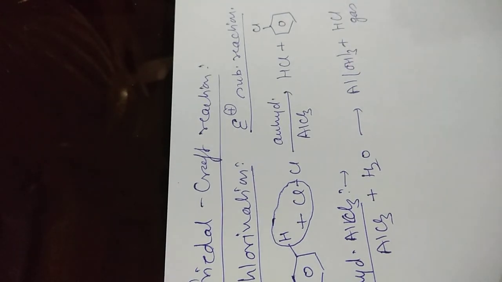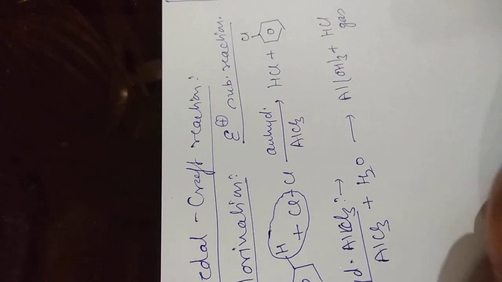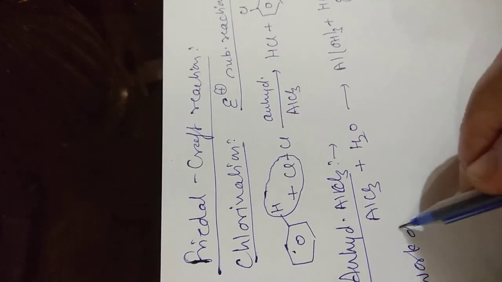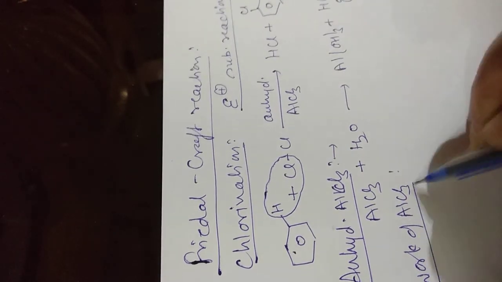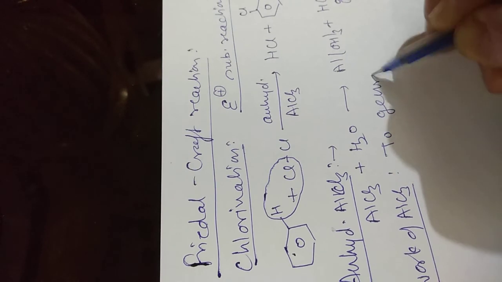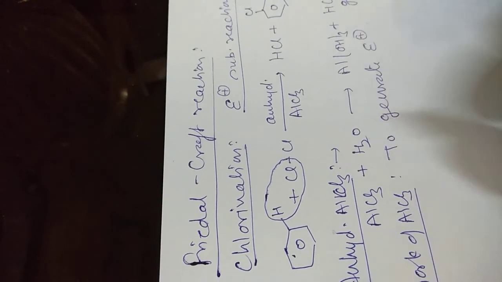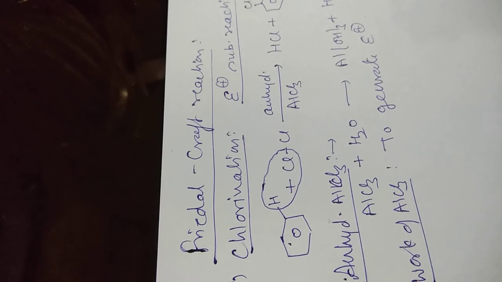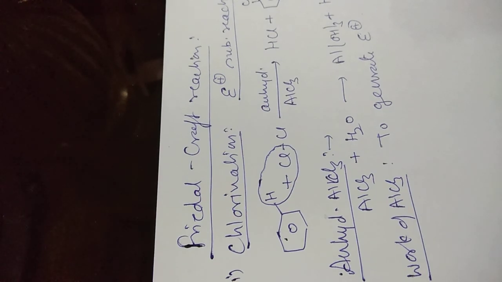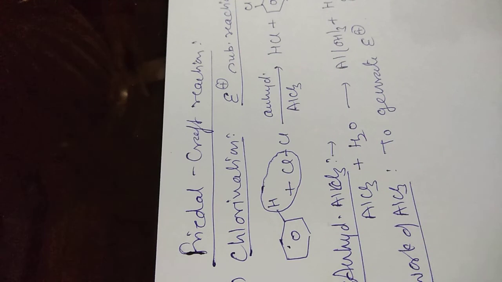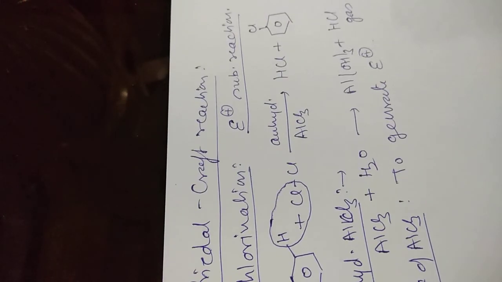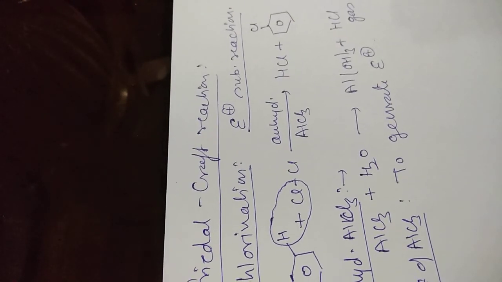That means AlCl3 will not be present in the reaction and the electrophile will not be generated, as the work of AlCl3 is to generate the electrophile. The electrophile is generated with the help of anhydrous AlCl3. If you take hydrous AlCl3, it will hydrolyze into aluminium hydroxide and HCl gas.